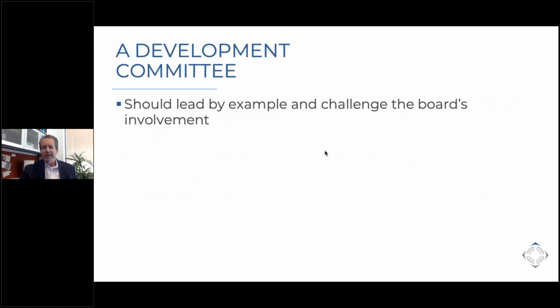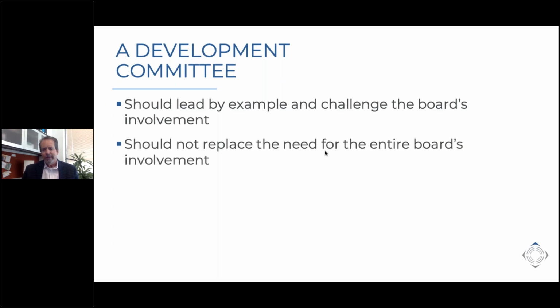The development committee should lead by example and challenge the board's involvement. Meaning, the reason why you have a subset is because it's easier to get a subset engaged deeply and send them back and let them challenge their peers to do the same. So the idea isn't that a development committee replaces the need for the entire board to be involved. And that's what you have to be careful of.